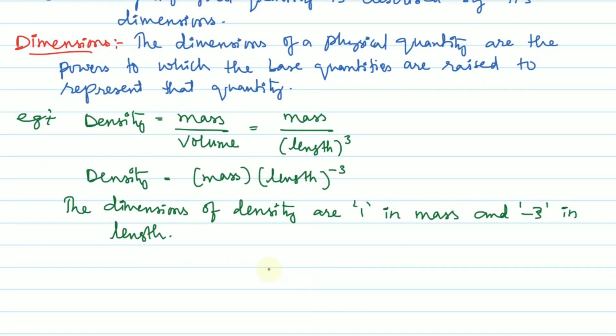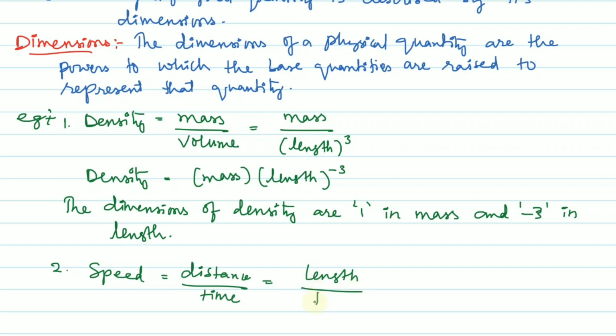Now let us take one more example to understand dimension. So second one, let's take speed. Speed is equal to distance upon time. So distance means when we express distance in base quantities, we can write this as length, right? Upon time. Time is again a base quantity.